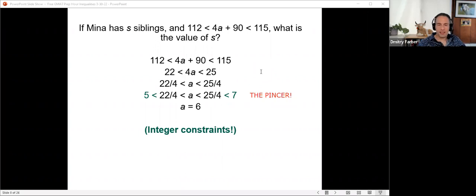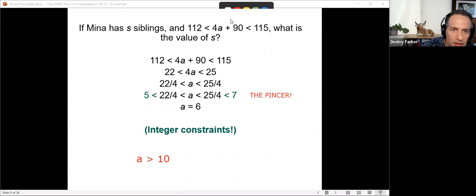Right. So imagine it was something silly like they tell us, A is greater than 10. I keep doing the S. Sorry about that. So if they say A is greater than 10, then of course there are lots of possible values of A, right?